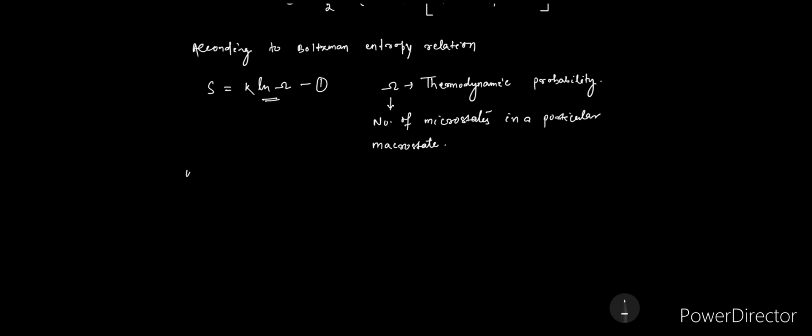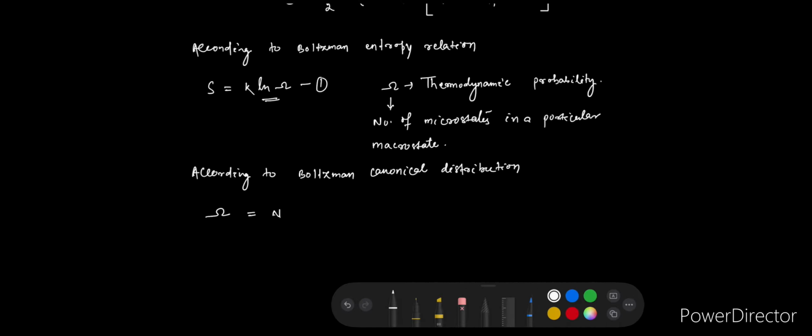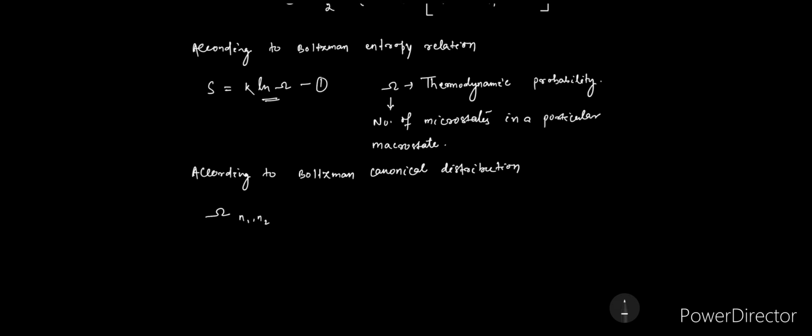We know that according to Boltzmann's canonical distribution, thermodynamic probability omega is given by n factorial. Let us write in this way: thermodynamic probability omega specified by n1, n2, n3 nk.